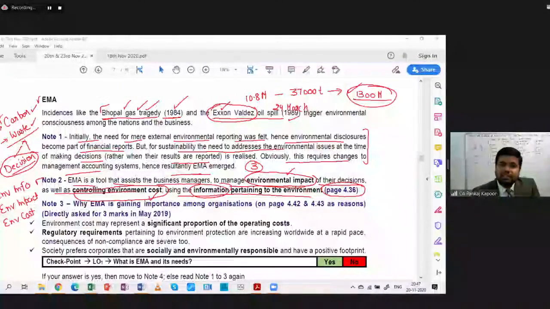Agreed? So these three are the important features of EMA. Using information related to environment in order to reduce the impact, so that the cost must also be reduced, which we are incurring on the environment. What sort of cost we are incurring on the environment? The correction and the prevention cost. Correction costs are those which are incurred so that pollution should not occur.